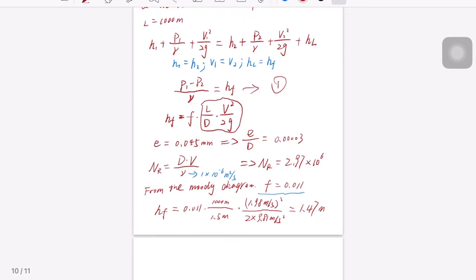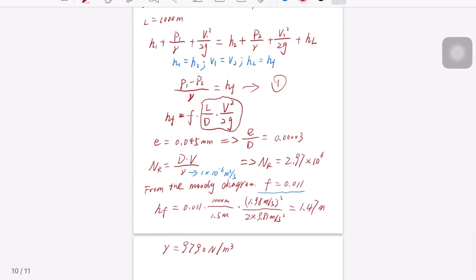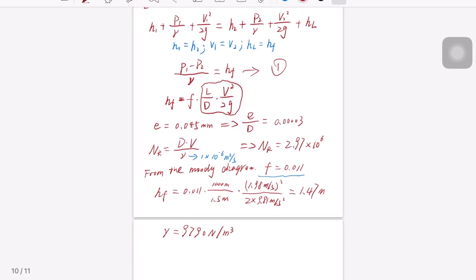And we also know at the 20 degrees Celsius, the specific weight of water equals 9790 Newton per cubic meter. So we substitute the friction loss and the gamma into equation 1.